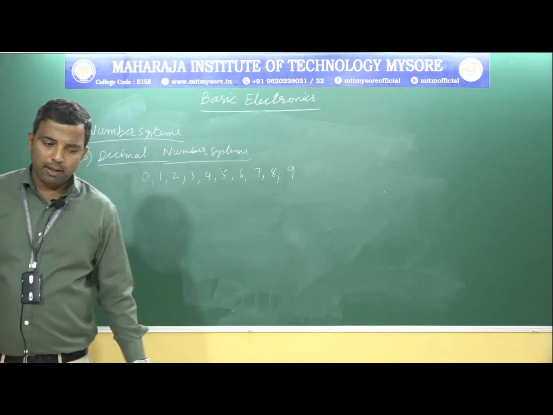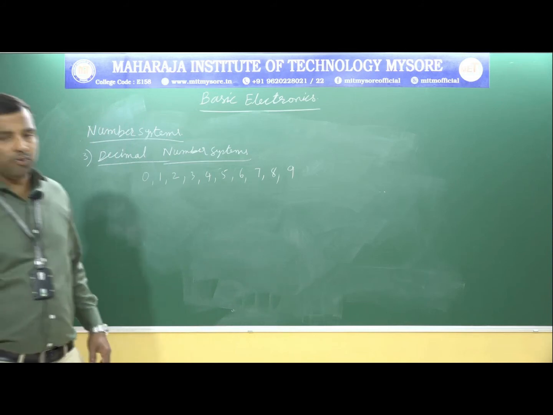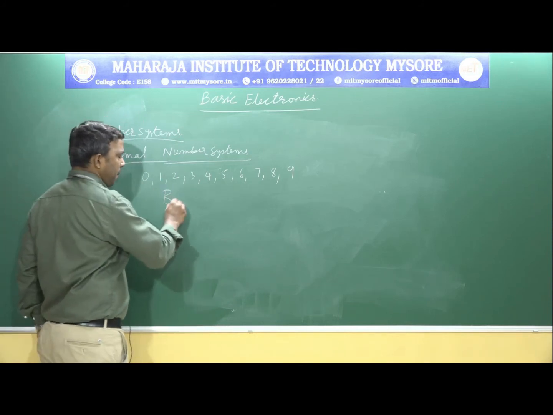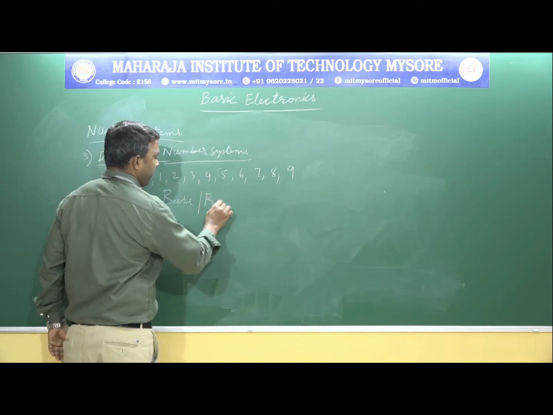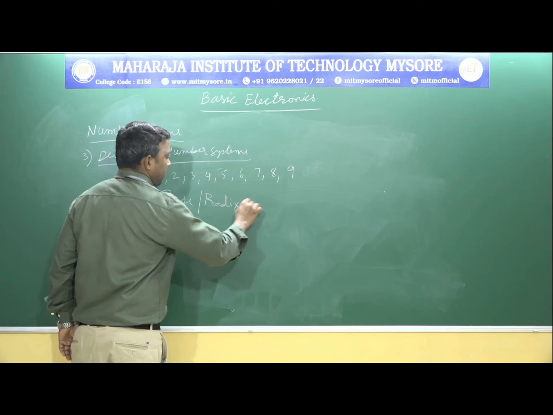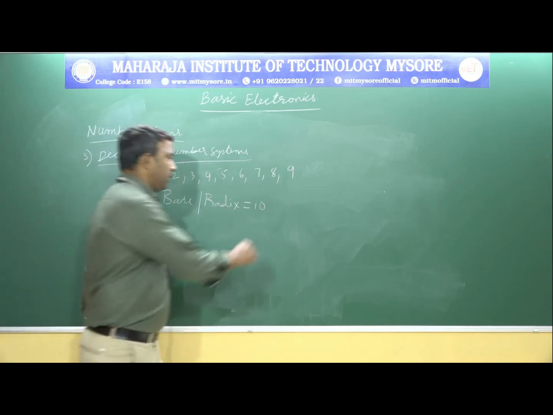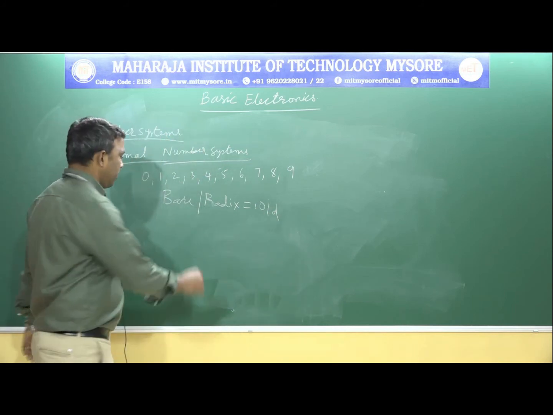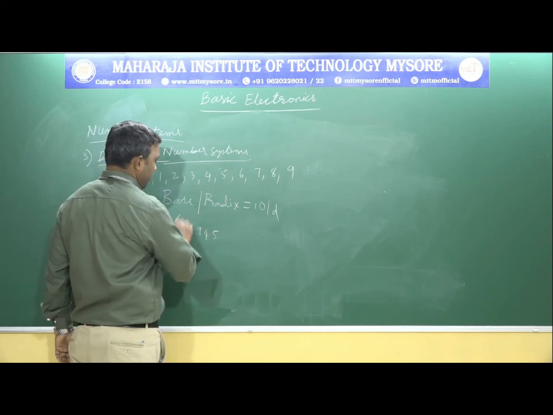Similar to the binary and octal number systems, for the decimal number system the base, or radix, is equal to 10, or we represent this by D, decimal. For example, 12945.